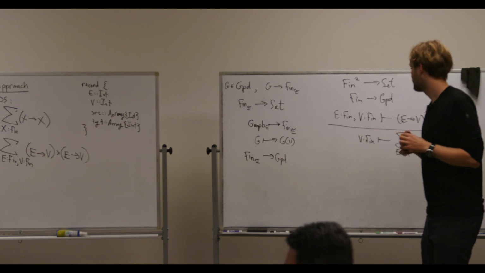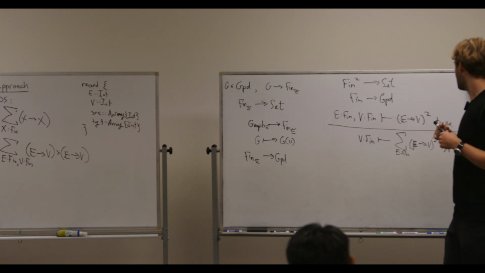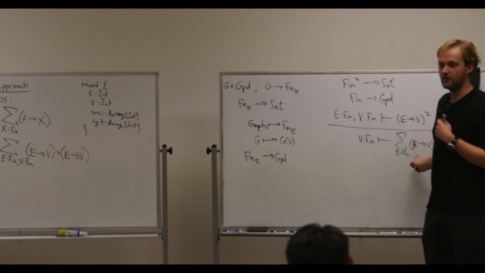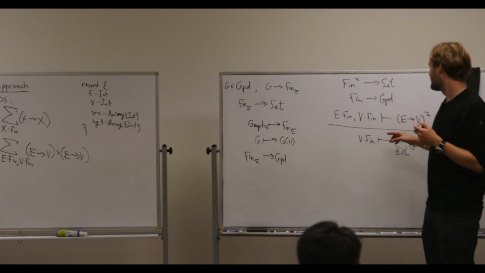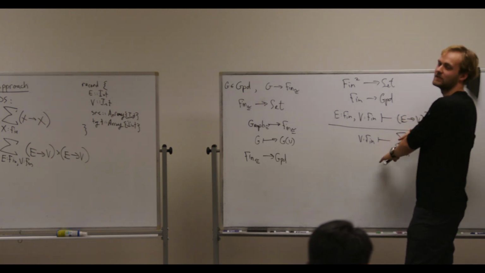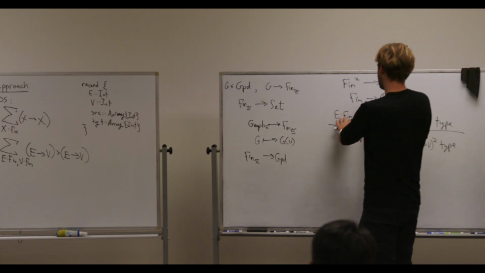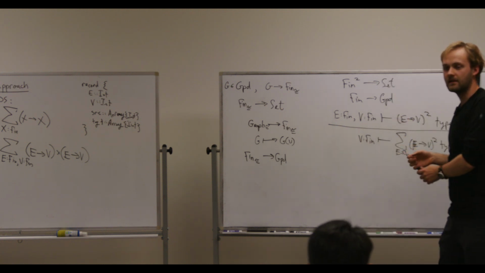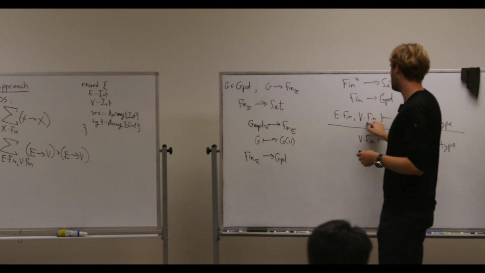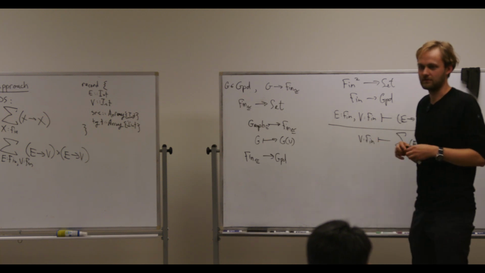What's the rule you use to go from the one above the line to the one below? So this is just the formation rule for sigma types. I'm assuming that in my type theory I can do stuff like this. But if this were just Type, then this would just be standard Martin-Löf type theory. The difference is that I restrict myself to only taking sigma types over the universe of finite types.